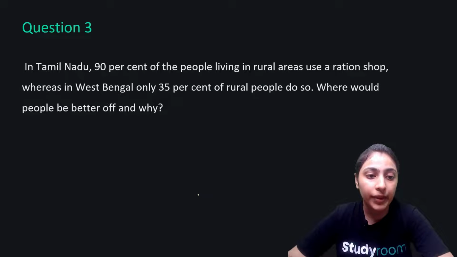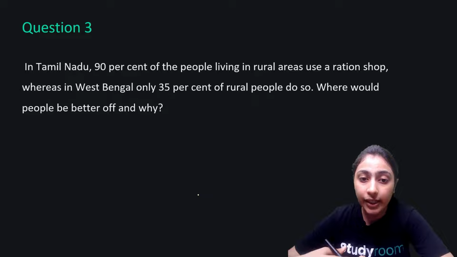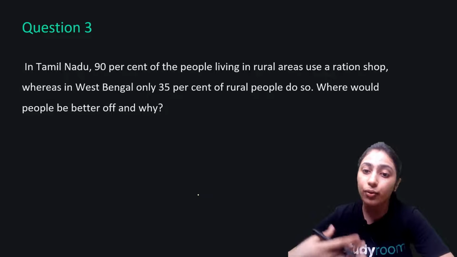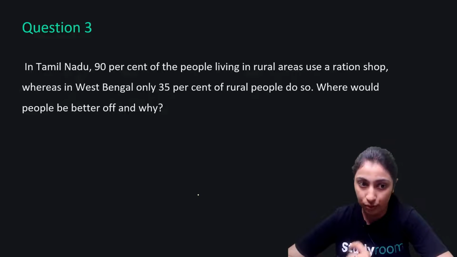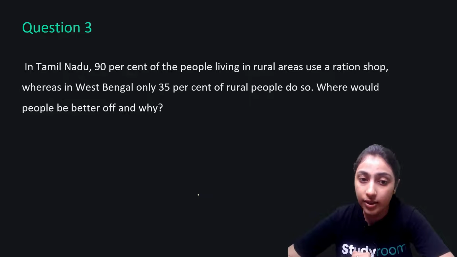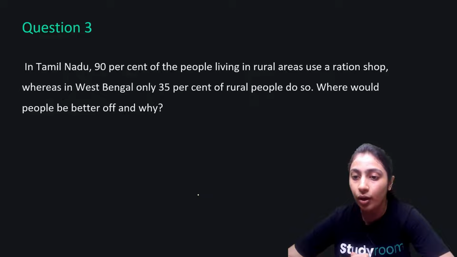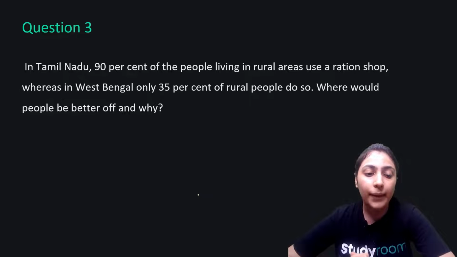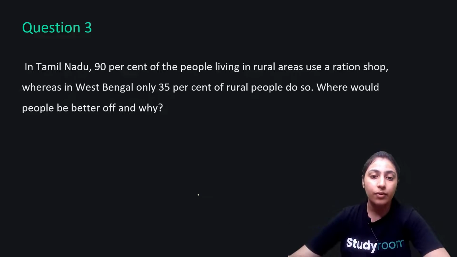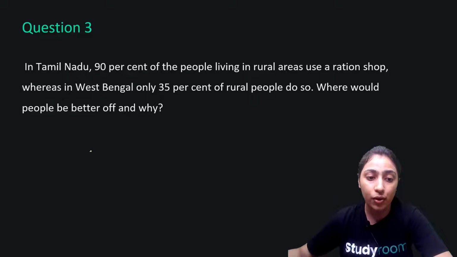Moving forward, in Tamil Nadu, 90% of people living in rural areas use a ration shop, whereas in West Bengal, only 35% of rural people do so. Where would people be better off and why? I think the answer is very much clear.